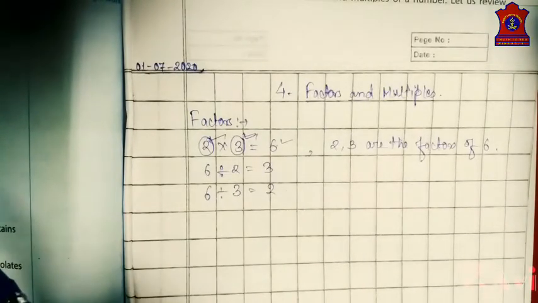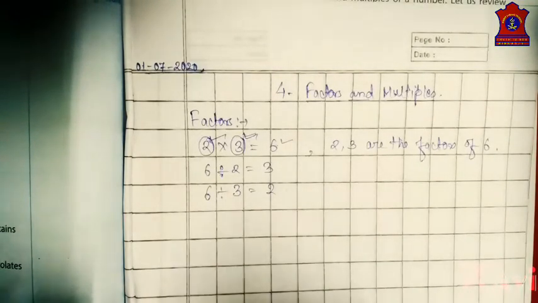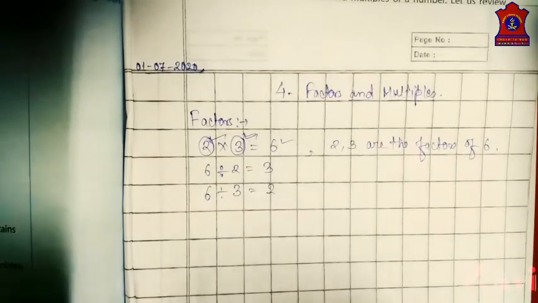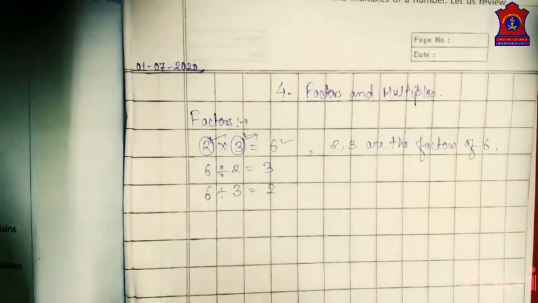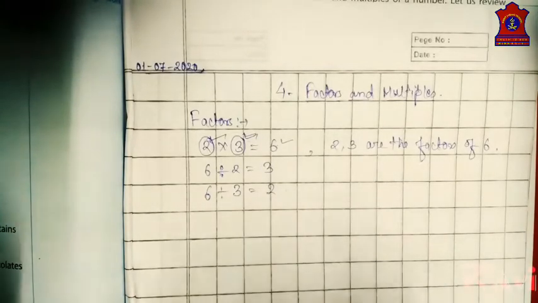If you don't understand, watch it again and again. You will understand. A factor of a number is the exact divisor of that number. Do you know the meaning of exact divisor? Exact divisor means when a number is exactly divided and there is no remainder. It means the remainder is 0.